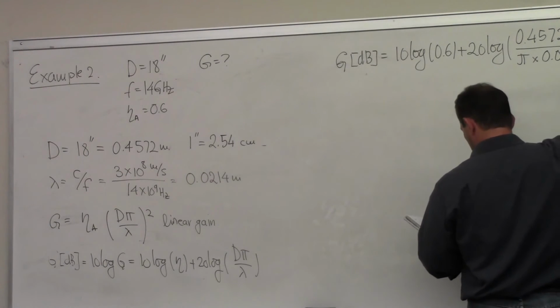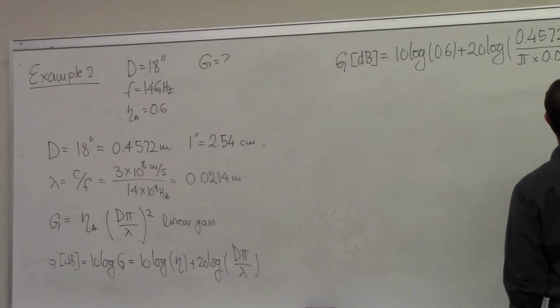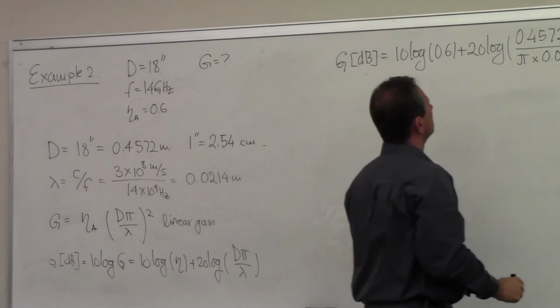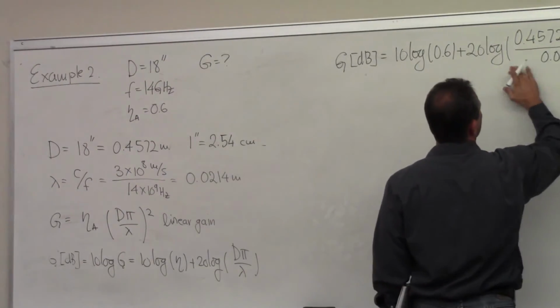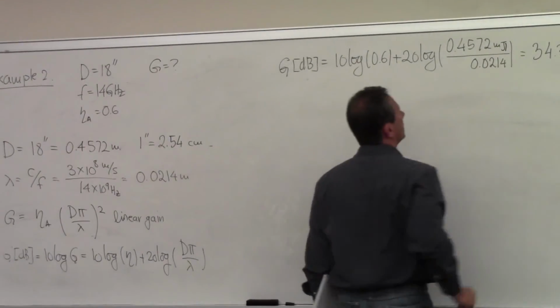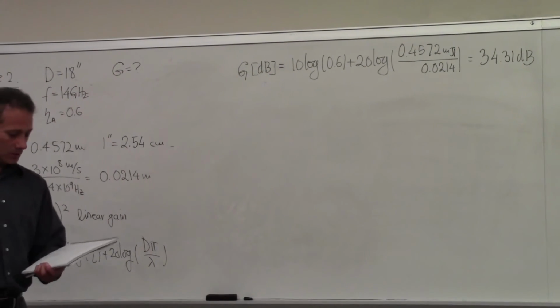Do we divide by pi or multiply by pi? Multiply. And when you calculate this, it's about 34 dB. So there you go.